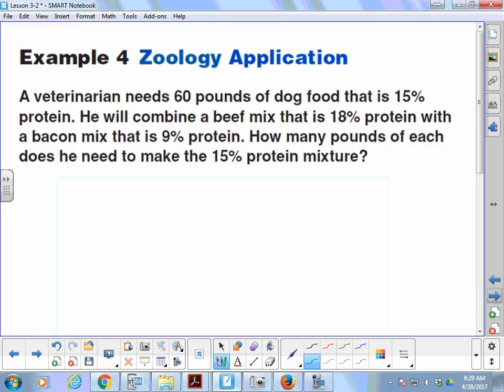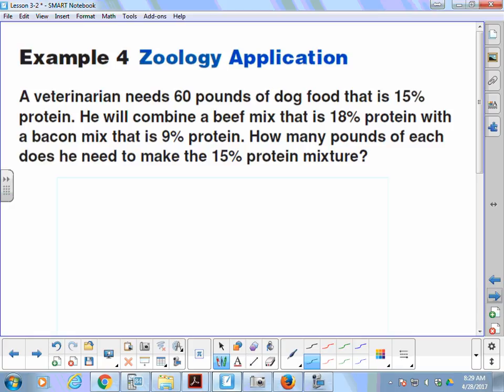Got to help your dog be healthy, right? Get that protein in them. My wife gives our dog scrambled eggs every morning in her dog food. You will combine a beef mix that is 18% protein with a bacon mix that is 9% protein. How many pounds of each does he need to make the 15% protein mix?